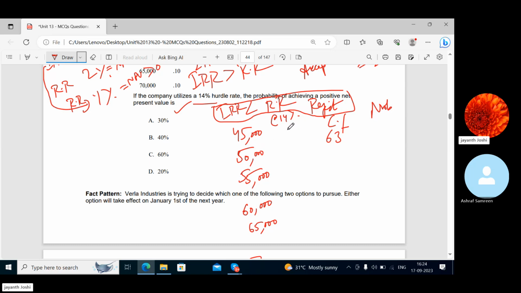Yeah, 14%. We have to deduct this amount from 45,000. No, discounting. No, only then 6,300. How come? 1 by 1.14 is 0.8771 into 45,000, 39,473, right?